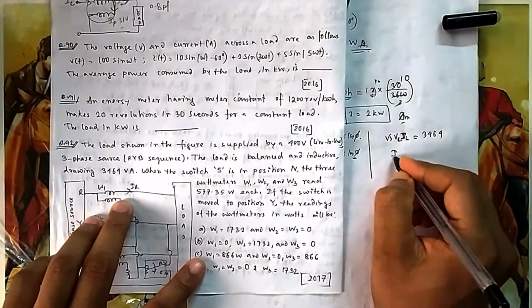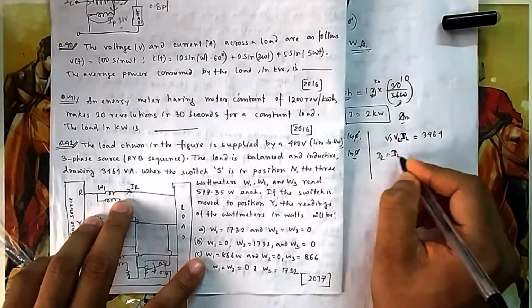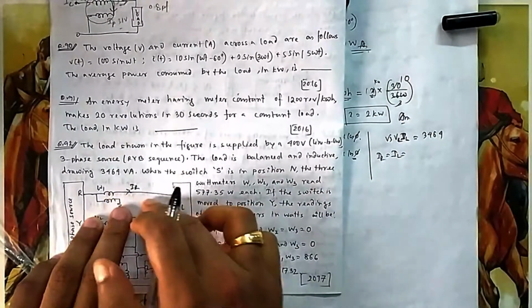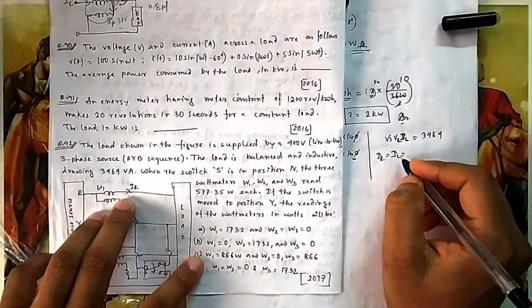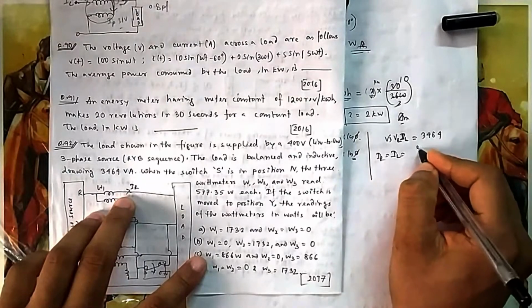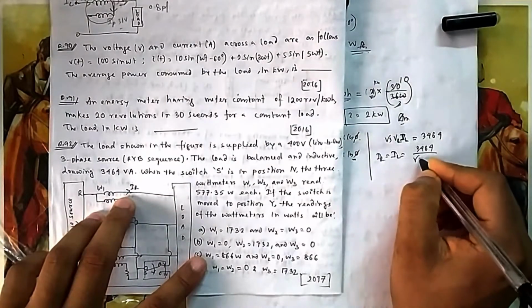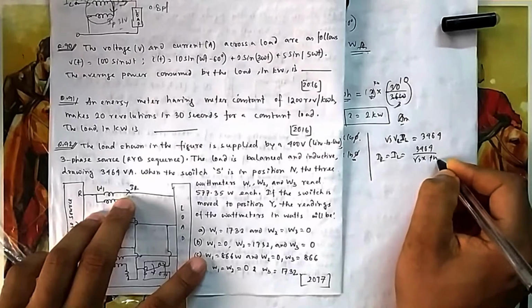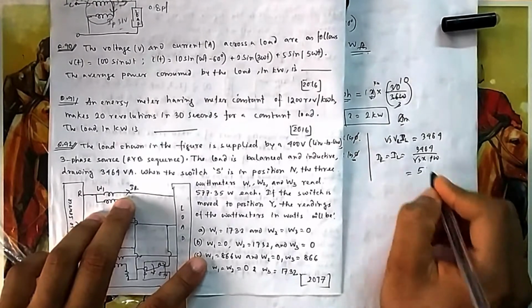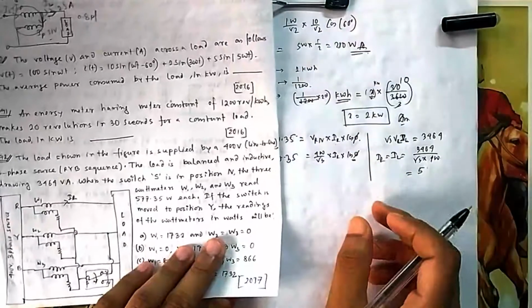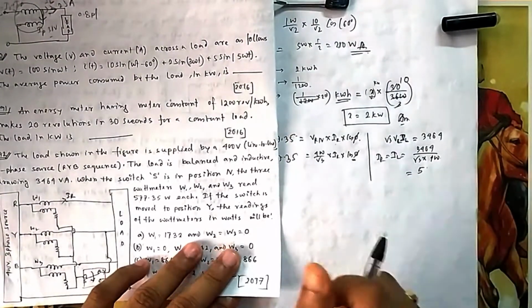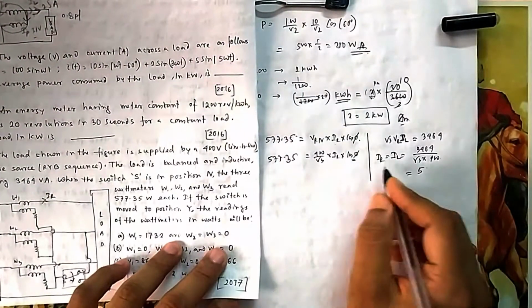So your IR is equal to 3464 divided by root 3 into 400. If you do so, it will come around 4.999, that is 5. So you put it there, that becomes your IR.